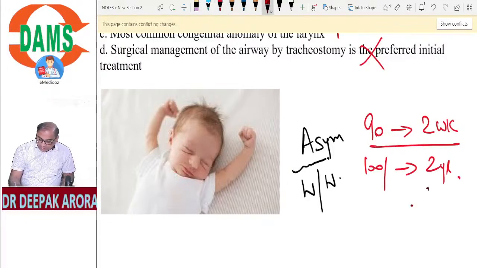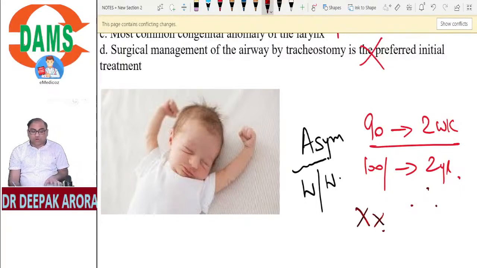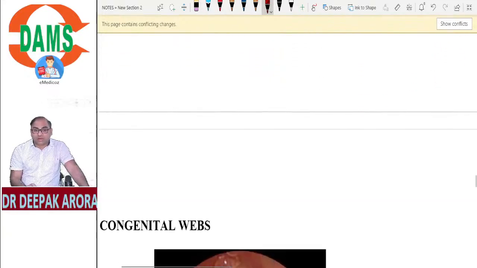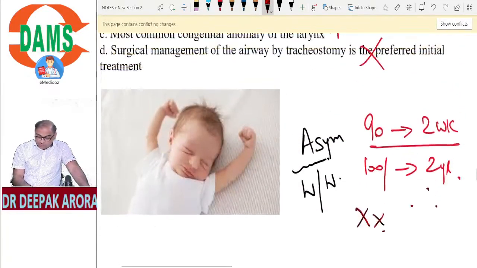Therefore, never make the diagnosis beyond 2 years. What is the golden rule? In laryngomalacia, never make the diagnosis beyond 2 years. Exceptions are always there. A patient may have dyspnea and we have to decide the treatment. But most of the cases resolve by 2 weeks and all the cases by 2 years. Therefore, we never make the diagnosis beyond 2 years.